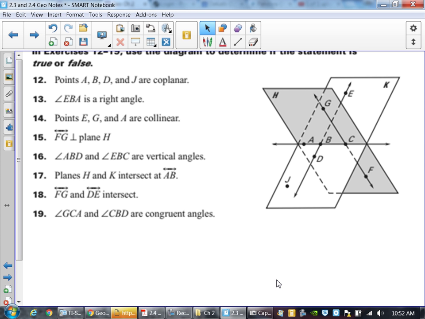Okay? One of the most important things in geometry is that the vocabulary and the terms that we learn one day come back each time. If this is something you had forgotten, ladies and gentlemen, you really need to go back and look at all your vocab in chapter 1 because we're going to use it a lot.